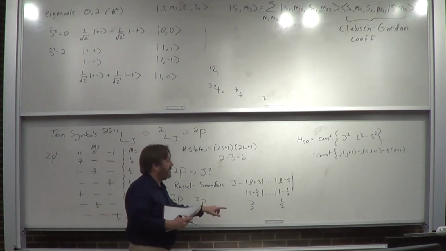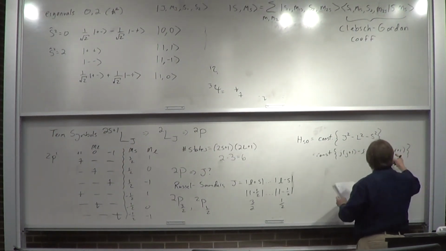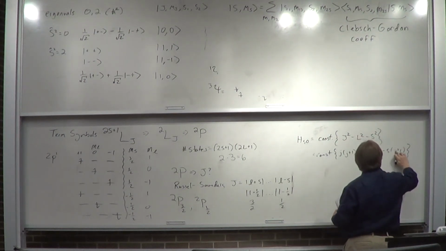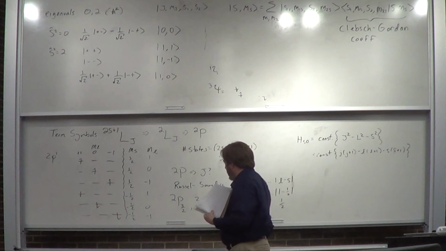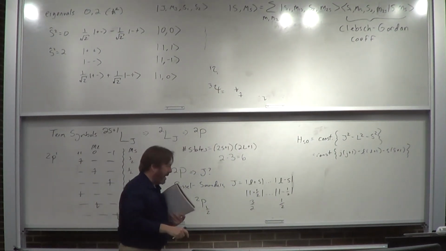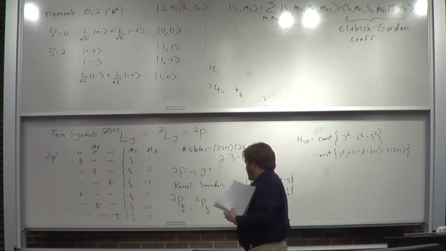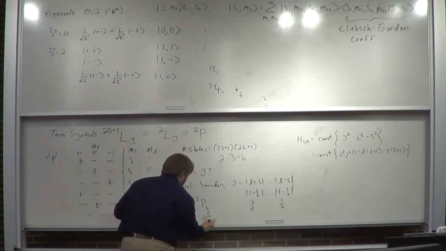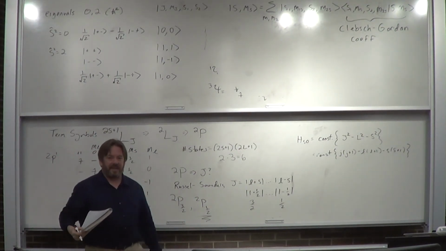They have the same S of half. Both these have the same 2S plus 1. They have the same L, so these are the same. So clearly the lowest J state, spin orbit coupling makes this guy the lowest energy J state.